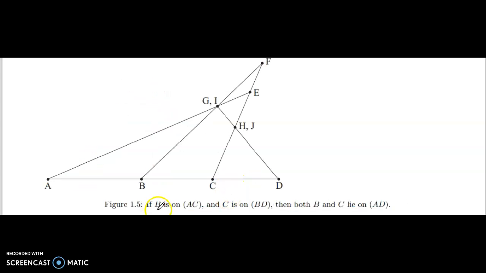If B is on AC and C is on BD, then both B and C lie on AD.